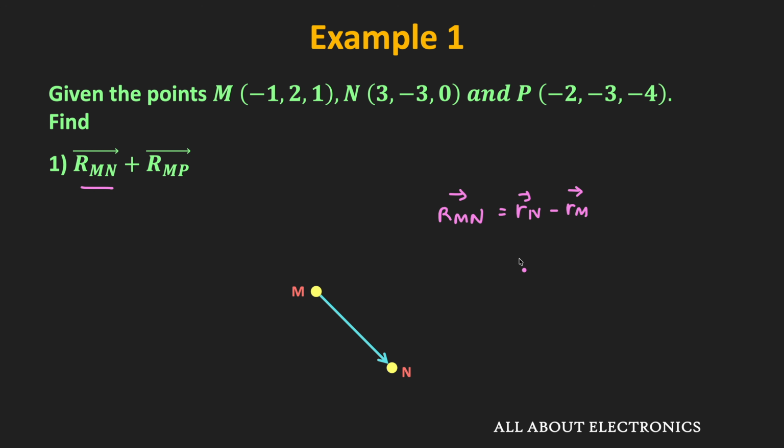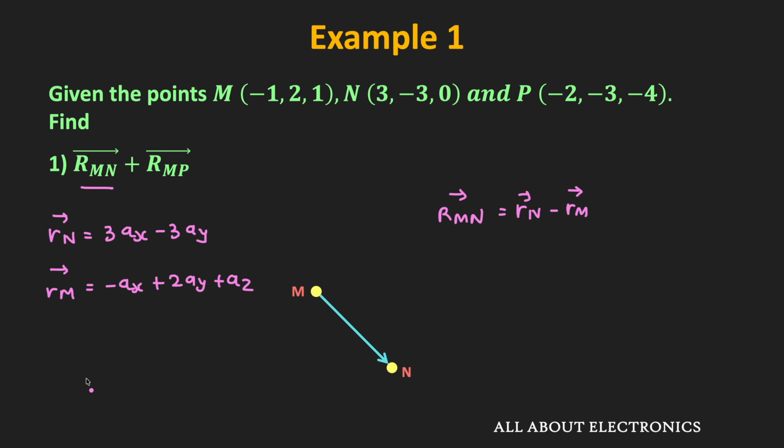In the previous video, we already understood how to represent this displacement vector. Here, the vector Rn can be represented as 3ax minus 3ay plus 0az, and similarly the vector Rm can be given as minus ax plus 2ay plus az.